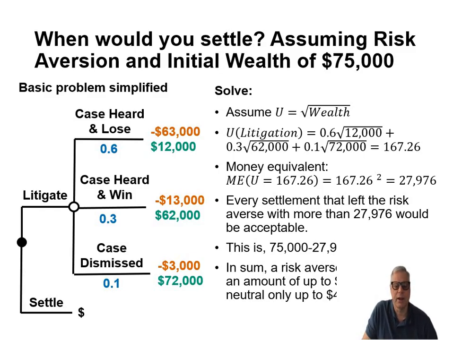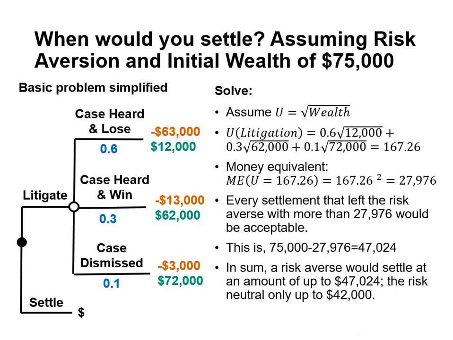And if the person litigates and the case is heard and the person wins, it loses only 13,000, meaning the wealth drops from 75,000 to 62,000. And if the case is dismissed, well then the individual loses $3,000 of its 75,000 initial wealth, and we end up with 72,000.